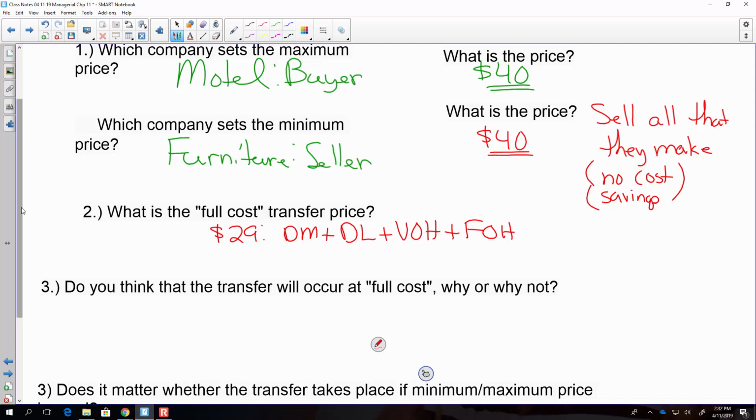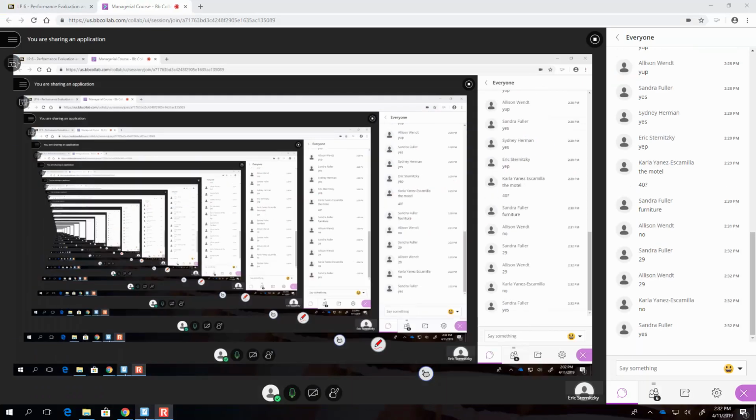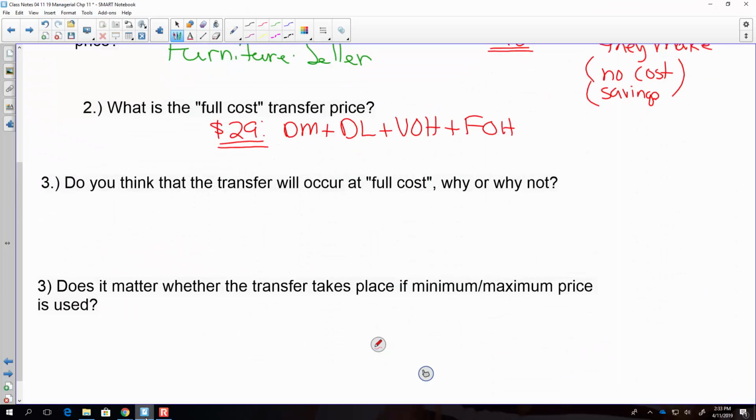Question 3 then says, do you think the transfer will occur at full cost? And the answer is what, guys? Actually, it's no, right, Sandy? Full cost is 29. There's no reason for me to sell it at 29 when I can make 40.